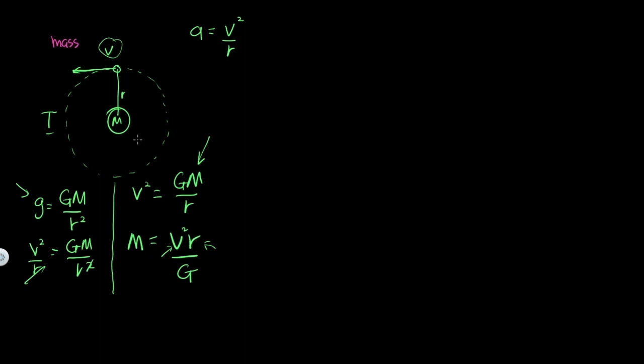Back to our case. We don't have the magnitude of this speed, but we do have the magnitude of the period. So we need to convert v in terms of the period.